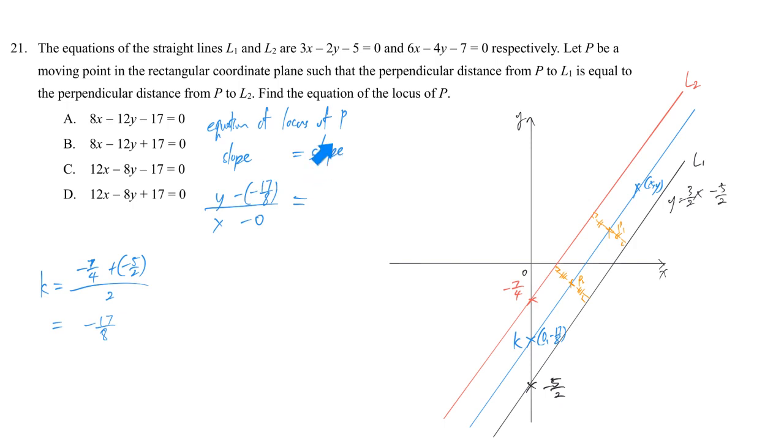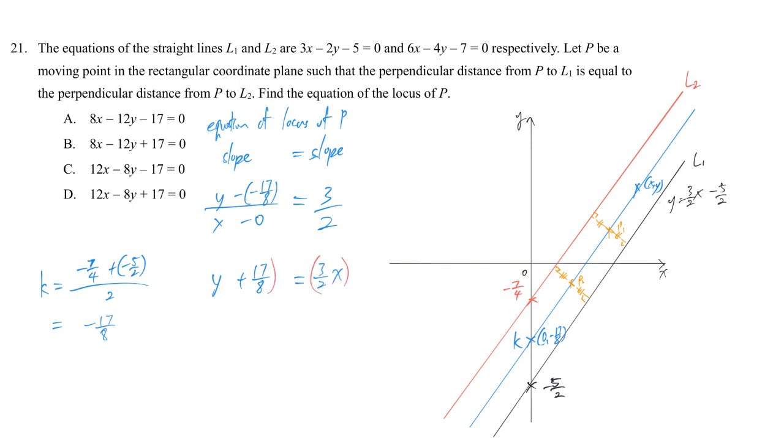And on the right-hand side, we use the value: we already know that the slope is 3 over 2, the same as the other two lines. So this is already the equation of a straight line. We just have to tidy up into this kind of format and we know which one is the answer. So y plus 17 over 8 is equal to 3 over 2 times x.